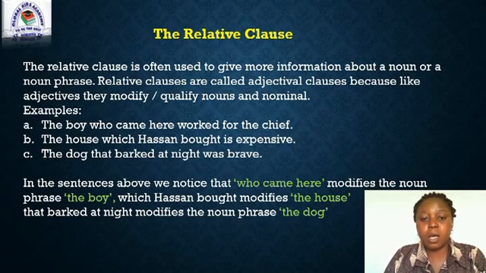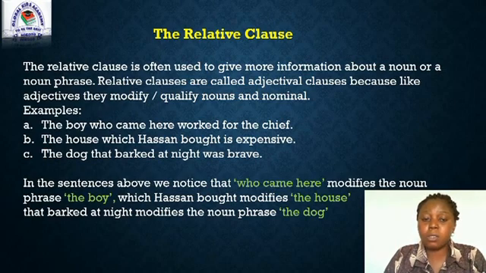Sentence 2 has the house which Hassan bought. The house which Hassan bought is expensive. The house is expensive. But what kind of house? Or which house? They're referring to the one which Hassan bought. And that is also a relative clause. The dog that barked at night was brave. The dog was brave. Fine.